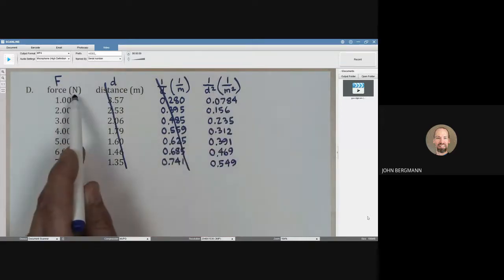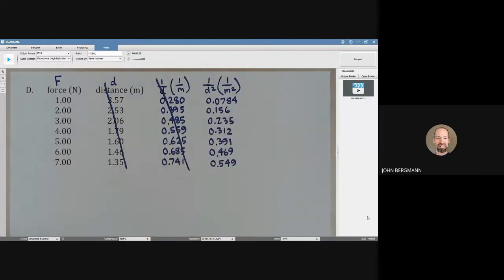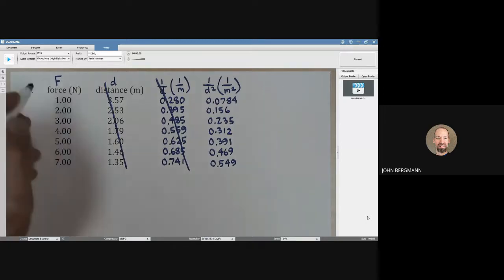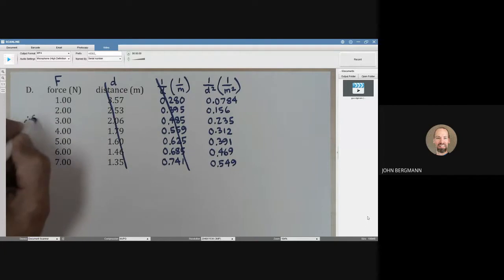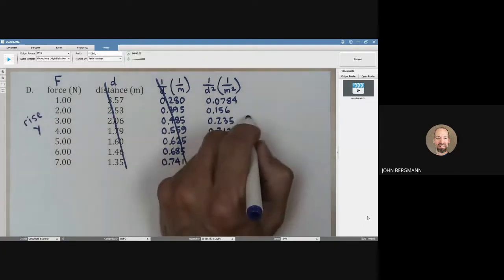In other words, rise over run, because then the slope would have the unit of Newton meters squared, instead of a slope being 1 over Newton meters squared. So I think the best policy here would be to make these the rise values and these the run values.